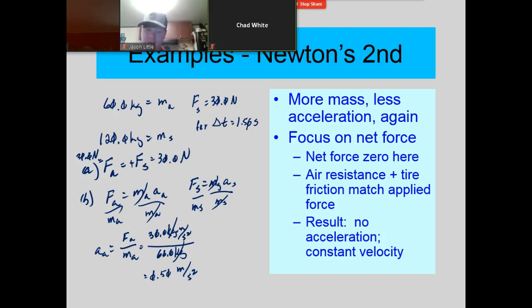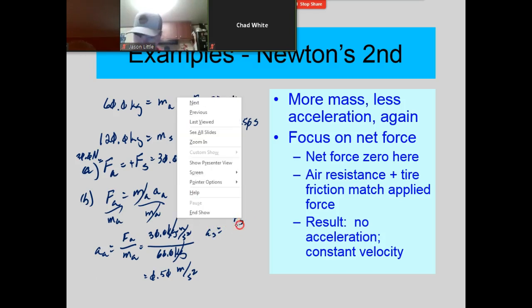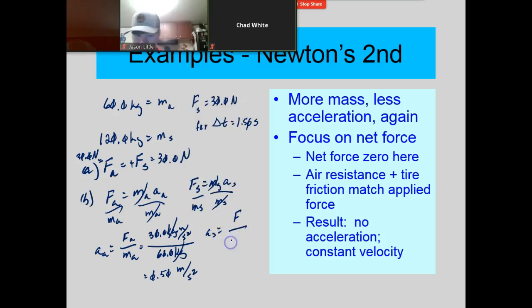Okay, let's do the same for the spacecraft. Acceleration of the spacecraft is force on the spacecraft divided by the mass of the spacecraft.